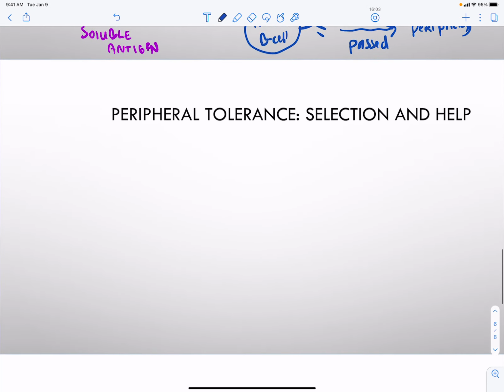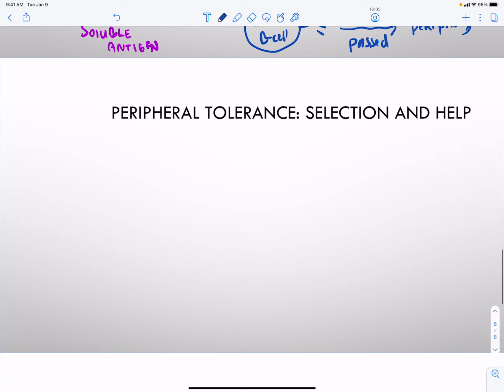Now, there also is peripheral tolerance. So there's central tolerance, which occurs in the bone marrow, and then there's going to be peripheral tolerance. So once you get released into the periphery as a B cell, the B cells have a half-life about 3 to 5 days.